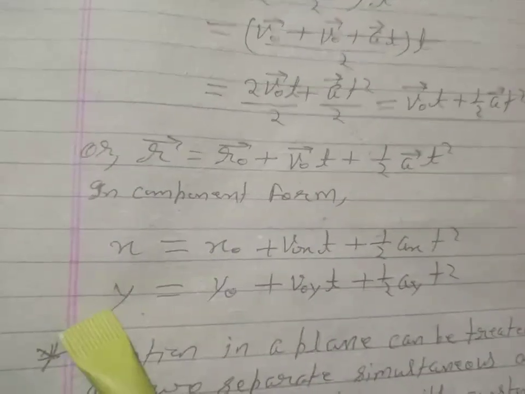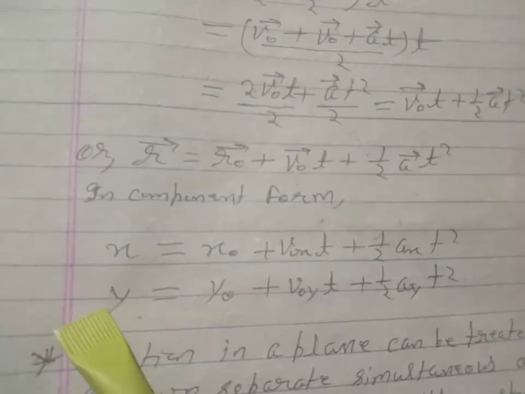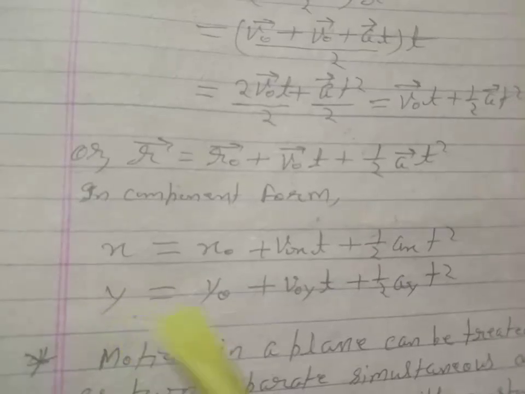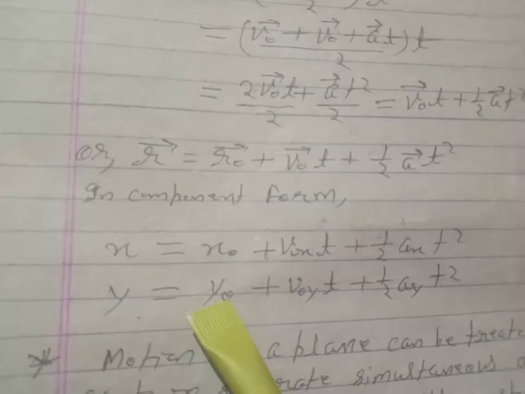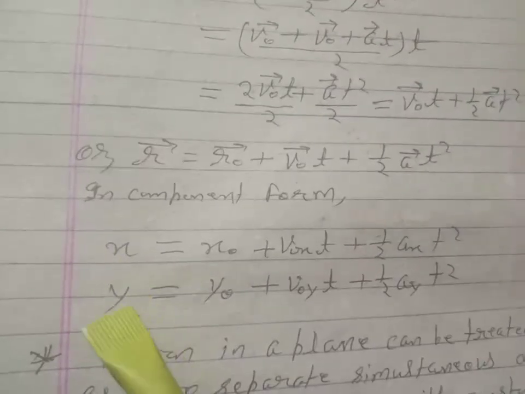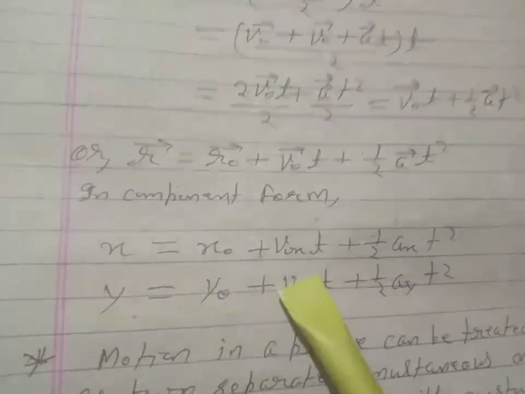Similarly, y is the final position in the y direction at time t, and y naught is the initial position at time t equals 0. So x and y represent the final position in the x direction and y direction respectively.